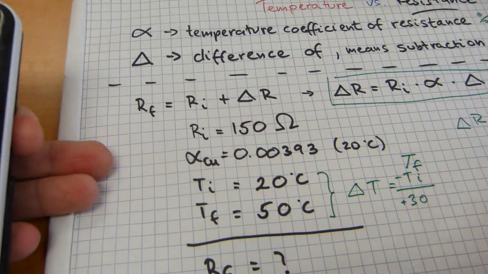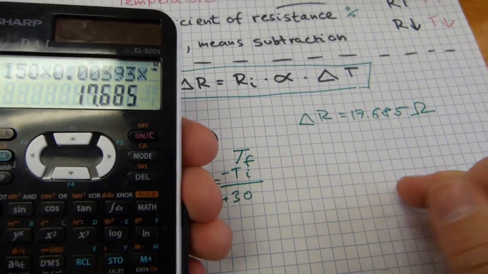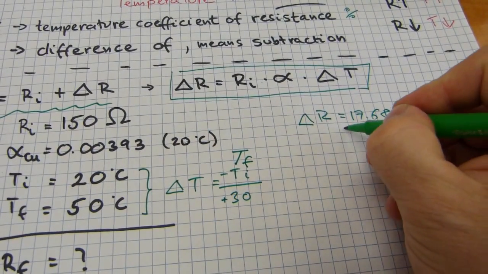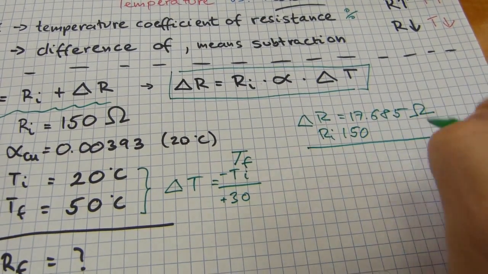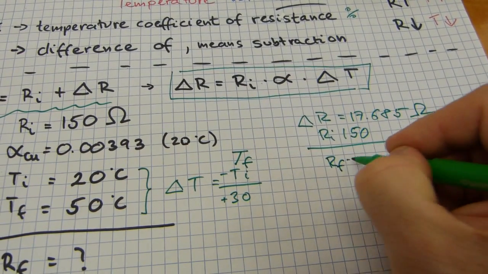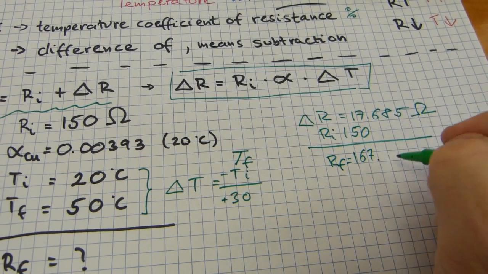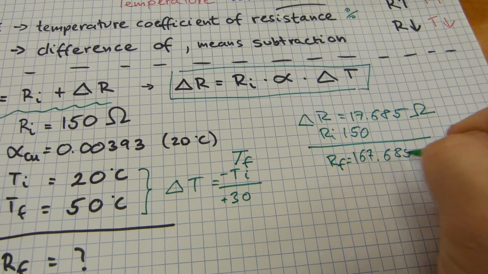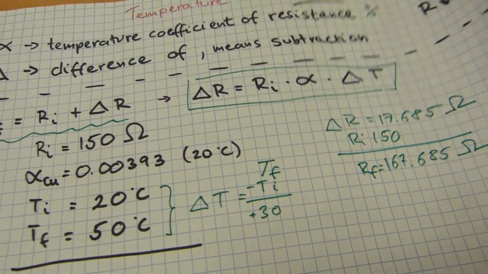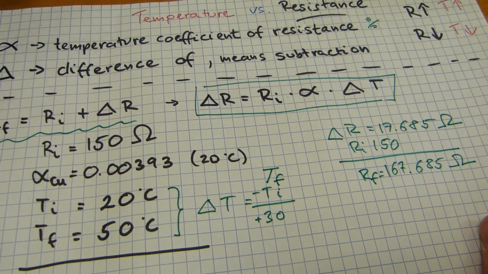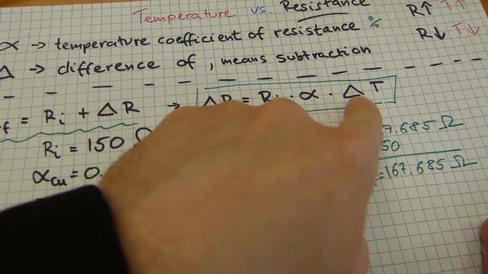And like this little equation here shows, what we need to do with this 17 is add it to the 150, that was the R initial, to get your R final, which is going to be 167.685 ohms. Fairly straightforward.